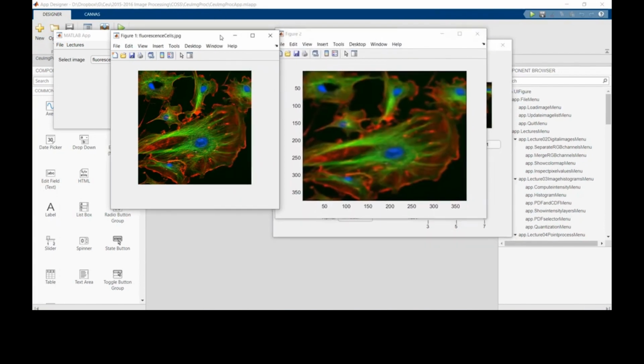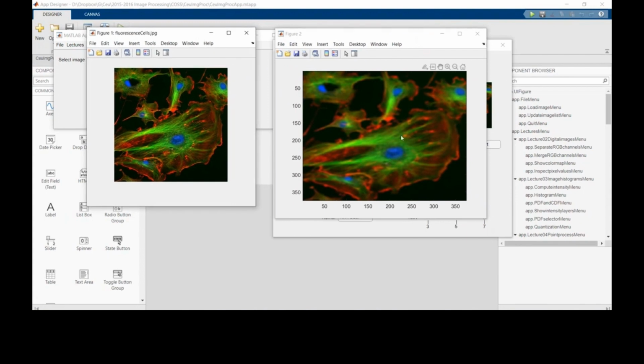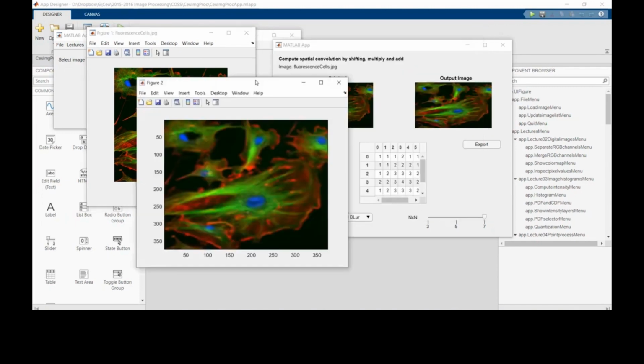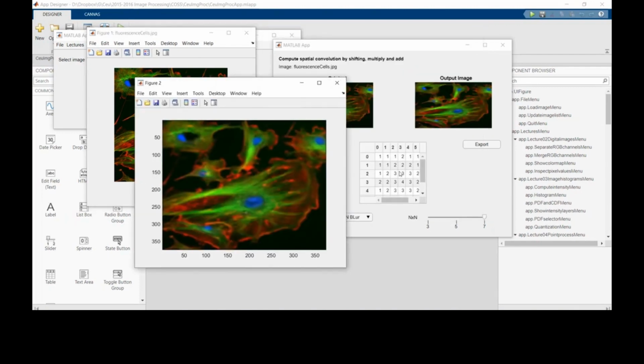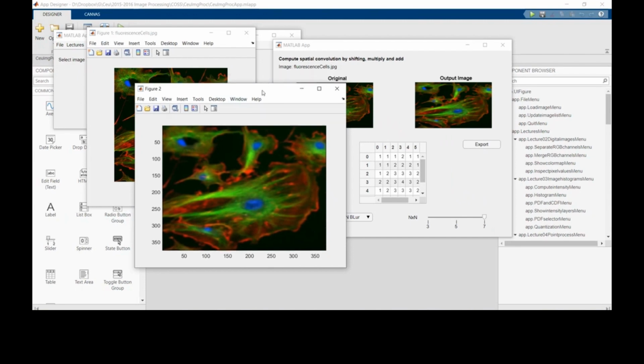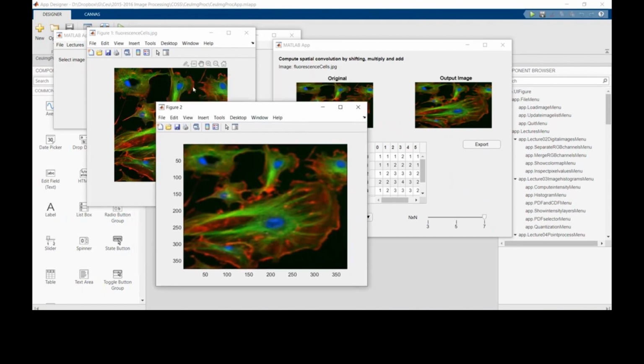So for comparison purposes, this one is smoother than this one. You have lost all the details in the actual network. But if your microscope is giving you this, and you know what the kernel is, you can invert the process, and you can recover this one, or an approximation of that one.